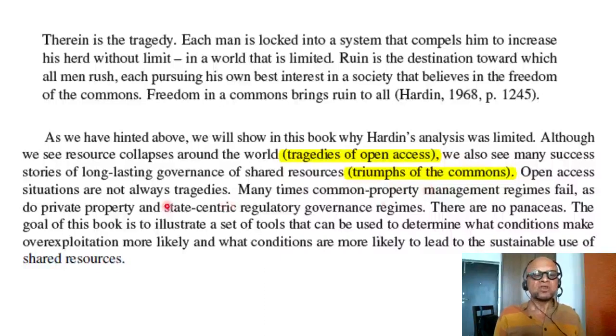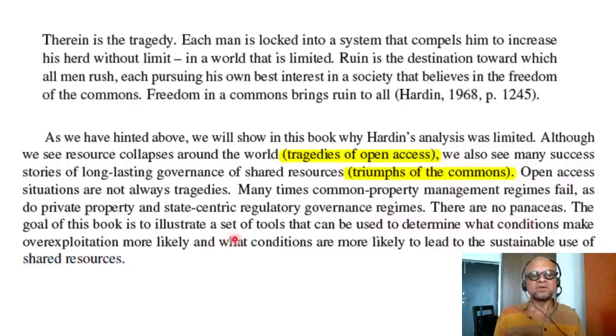Open access situations are not always tragedies. Many times common property management regimes fail, as do private property and state-centric regulatory governance regimes. There are no panaceas, there is no silver bullet.